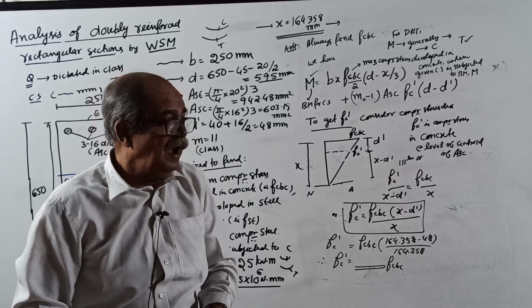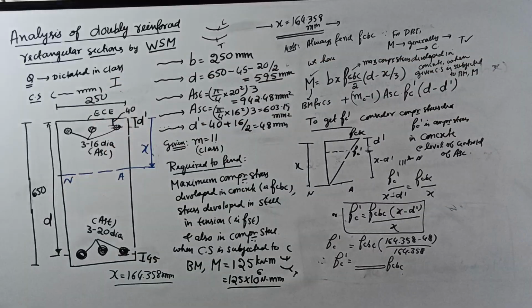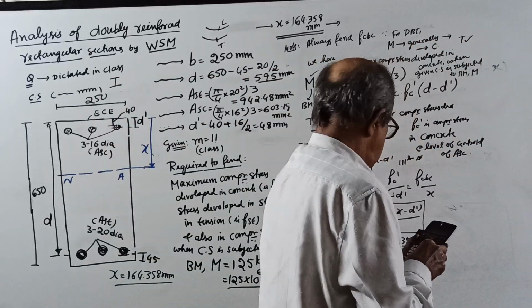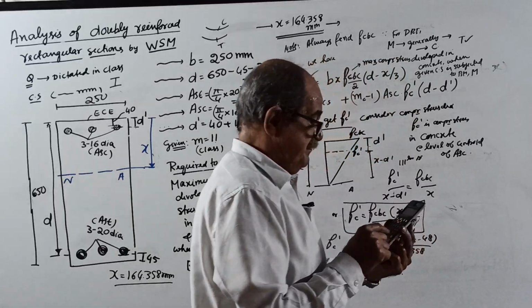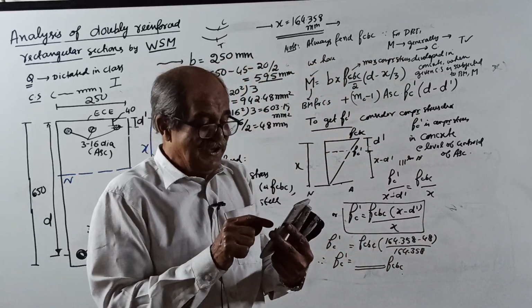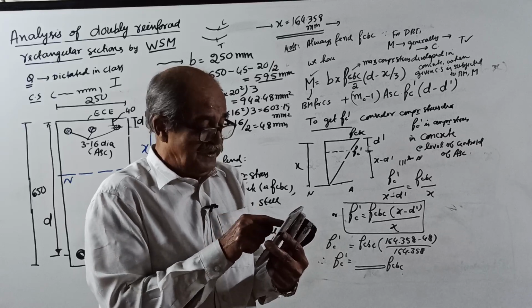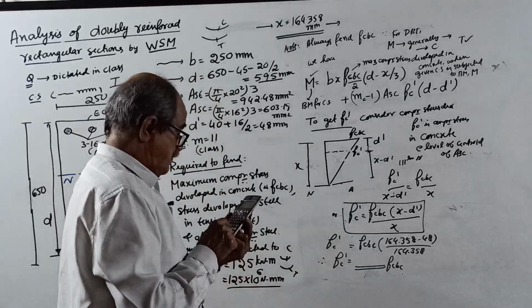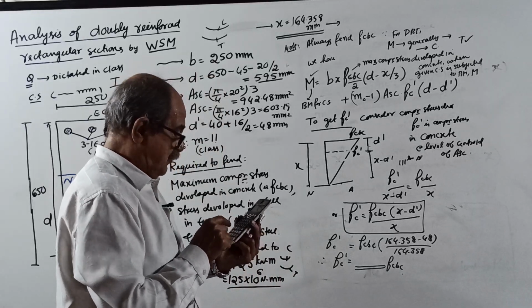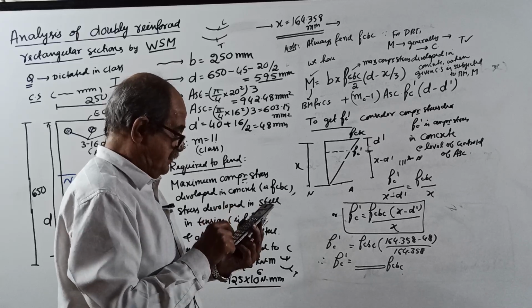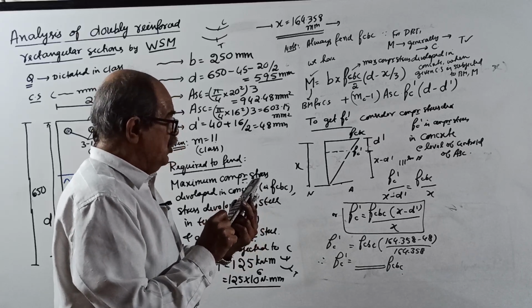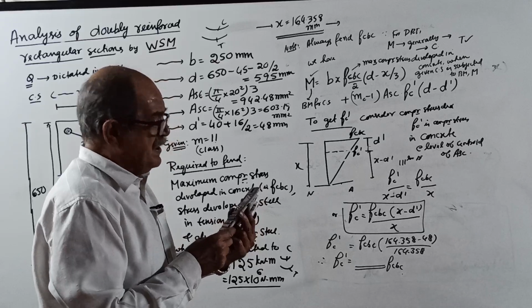Where's the calculator? I think it is here. Otherwise, again, I have to go back. Okay. Today, in your class, first time I am calculating. No problem. Effective cover 48 minus, divided by neutral axis depth, gives 0.70795 or 0.708.